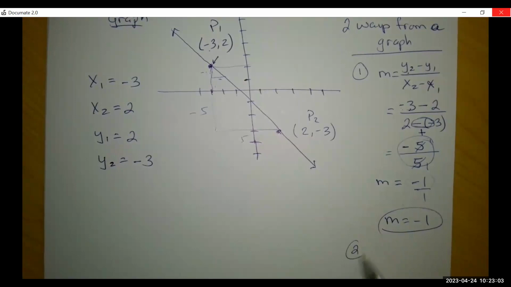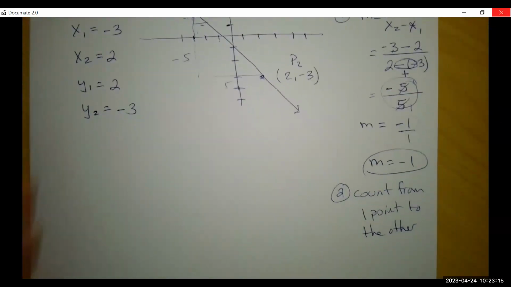The second way is count from one point to the other.